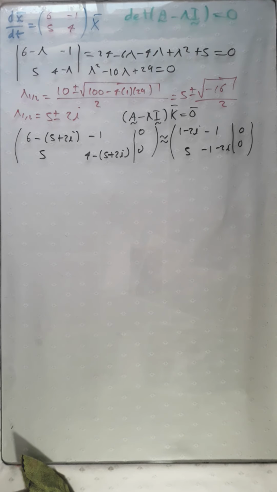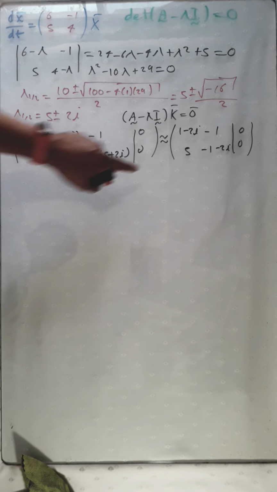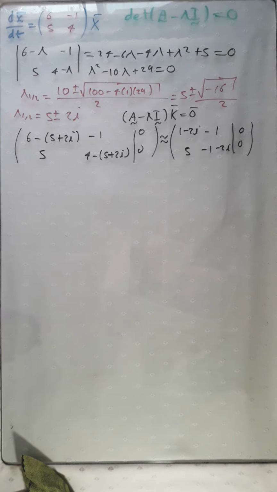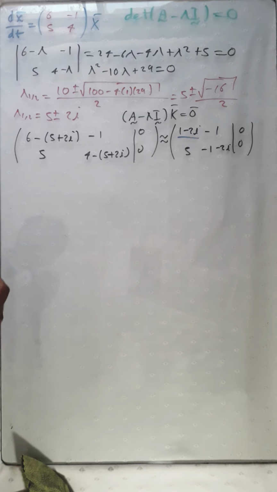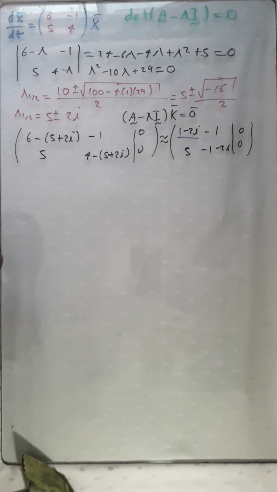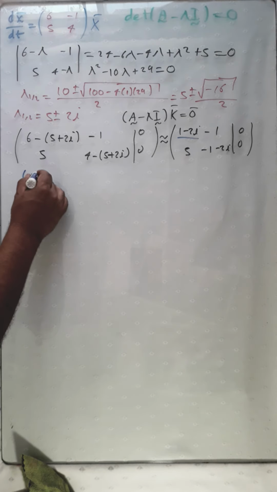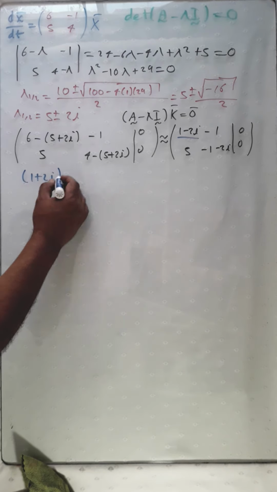Okay, so how are we going to make the step functions here? You have to be very careful here, because we have to make this row zeros. How are we going to do that? I'm going to check this number, 1 minus 2i, and I'm going to use the conjugate, 1 plus 2i, times my first row.